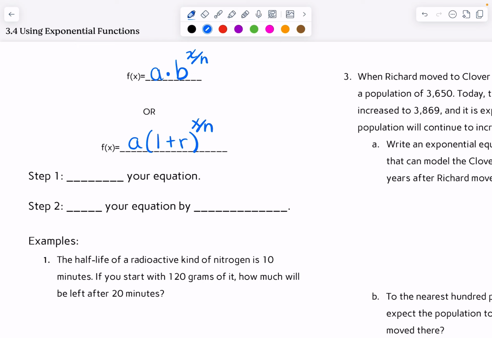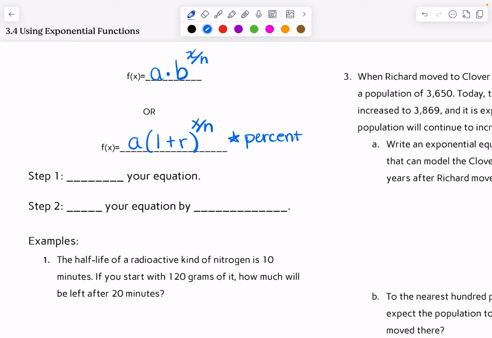And when we see this one, we're going to use this one more when we are working with a percent increase or decrease, or if we're looking for at what percent this situation increased or decreased, which we did write down in the last set of notes, but let's just remind ourselves here. You're going to use this specific format more when you're working with a percent growth or decay.